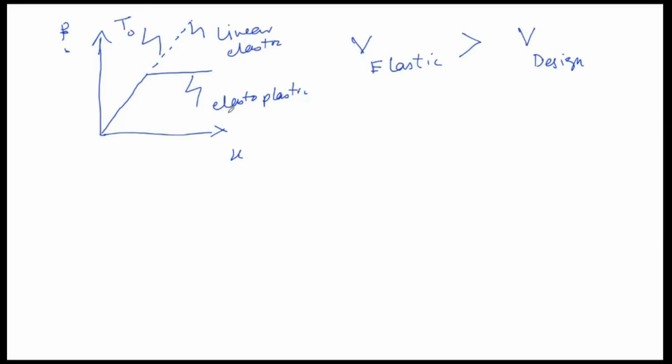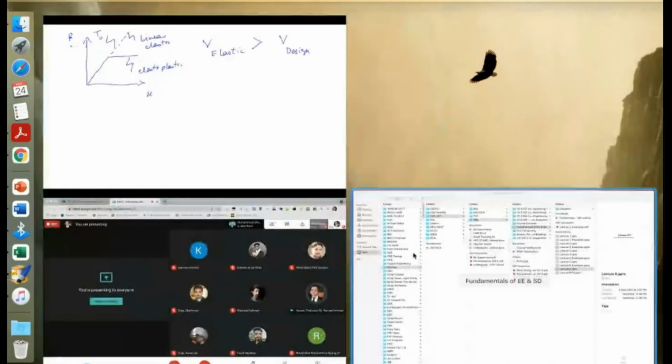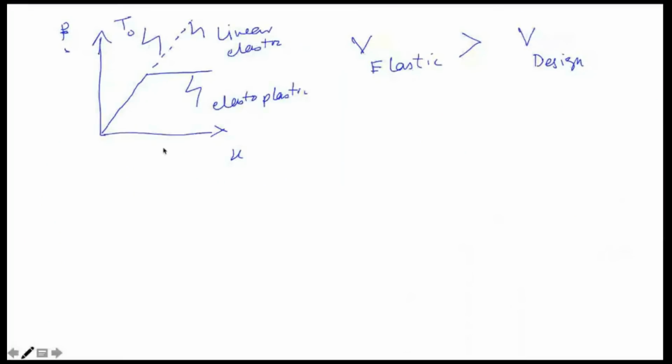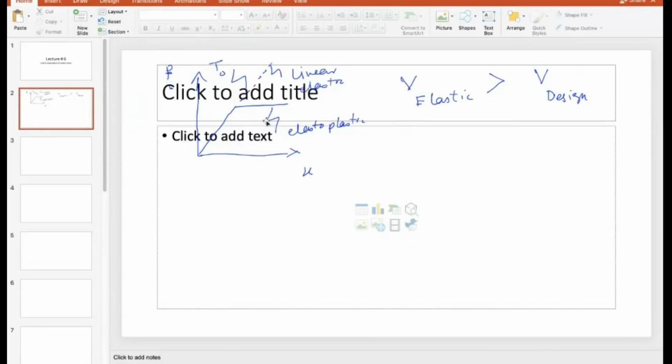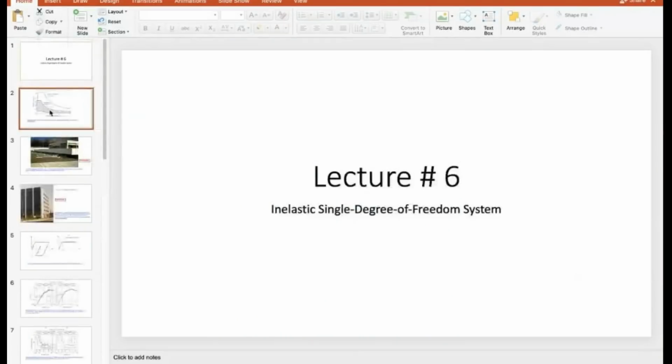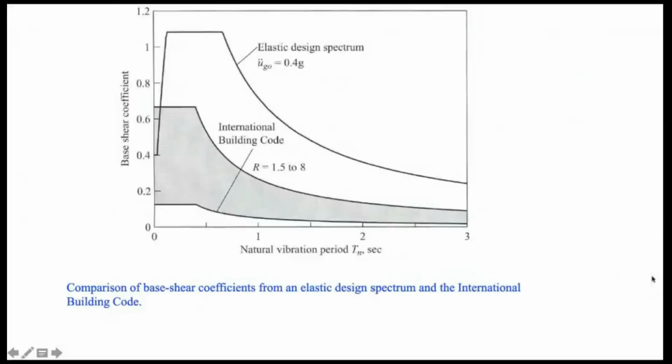Let me just go to this figure here. So what you see on this example figure is the elastic design spectrum.